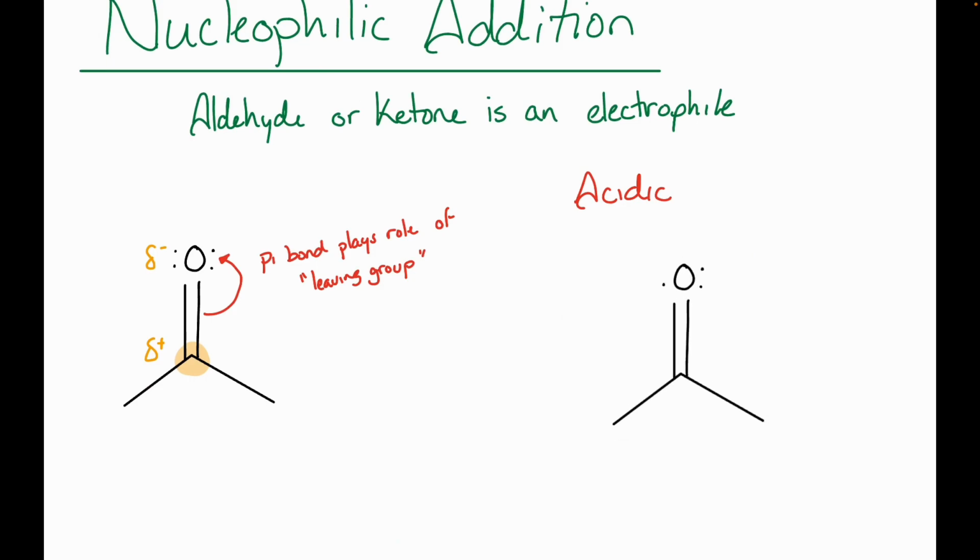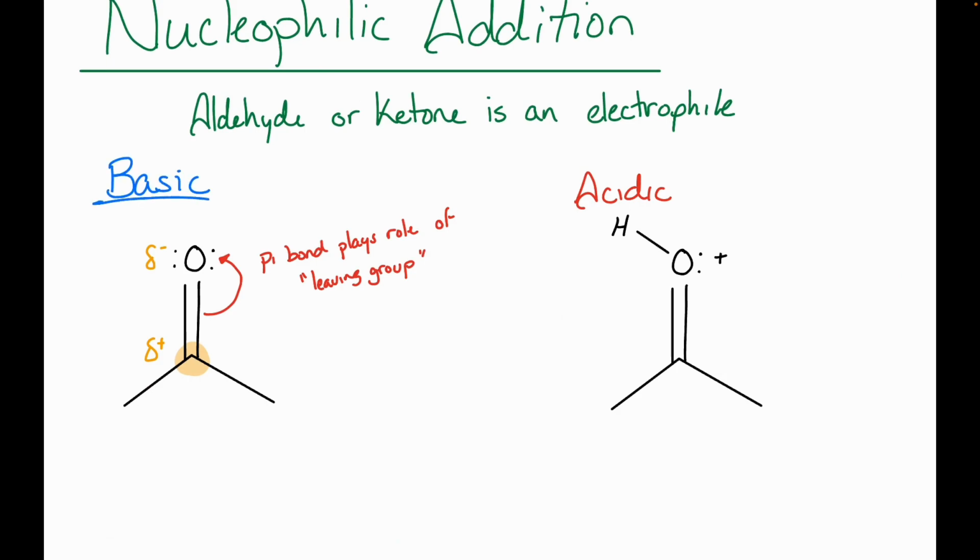So under acidic conditions, if we're going to take a look at the electrophile in those reactions, it's actually not our carbonyl group. It is a protonated carbonyl group. All right, so this would be our electrophile under basic conditions. Under acidic conditions, our electrophile is now that protonated carbonyl group.